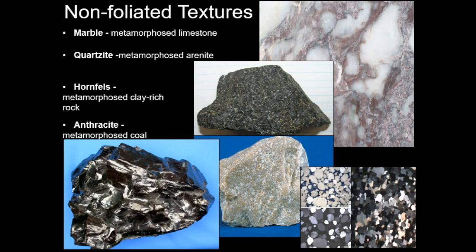Another common non-foliated textured metamorphic rock is quartzite, which is a metamorphosed type of sandstone. So quartzite is very hard, as the quartz grains that have fused together basically make up the rock. Pure quartzite is white, but many times it contains impurities that make it a little pinkish or greenish.